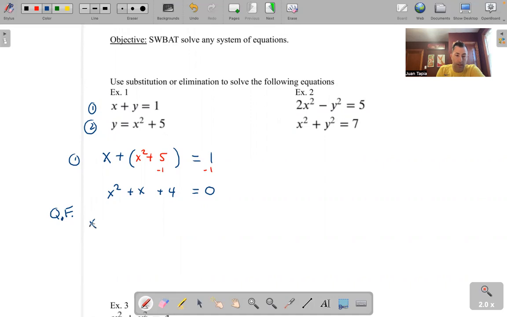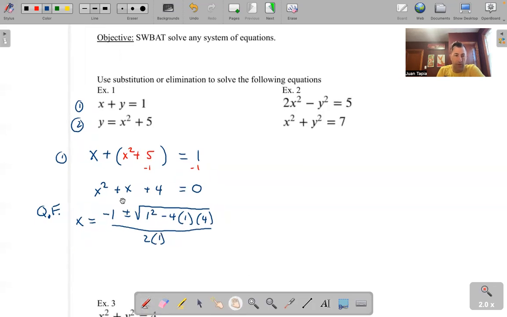So x is equal to negative b, negative 1, plus or minus the square root of b squared, 1 squared, minus 4 times our a value 1 times our c value 4, all over 2 times our a value, which is 1.